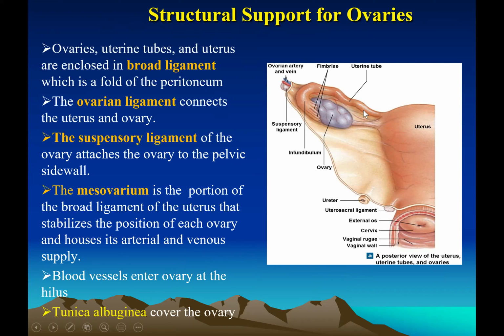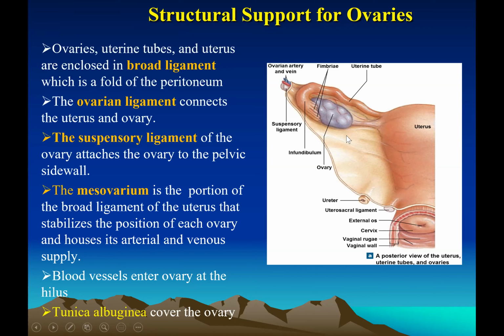And then you can see the ovarian ligament that is giving support for the ovaries, and the suspensory ligament. This is also a point of entry for the arteries and veins to the hilum of the ovaries. This part of the ligament is called mesovarium, the superior part of the broad ligament.